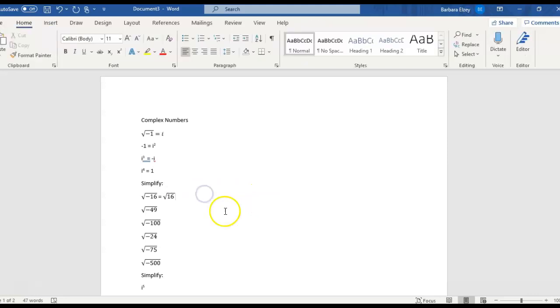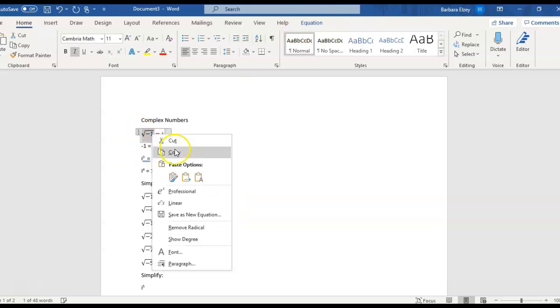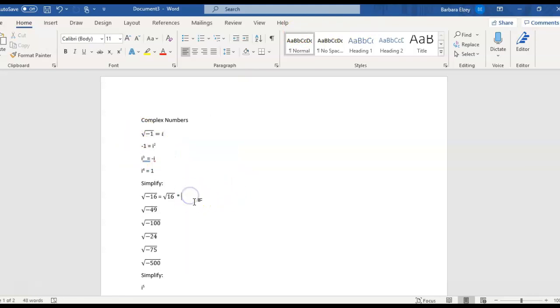And then we're going to multiply that times the square root of -1. And that's really the same thing as the square root of -16. Now, we said up here that the square root of -1 is i, so we're going to rewrite this part as i, and we know the square root of 16 is 4. So this is 4i.